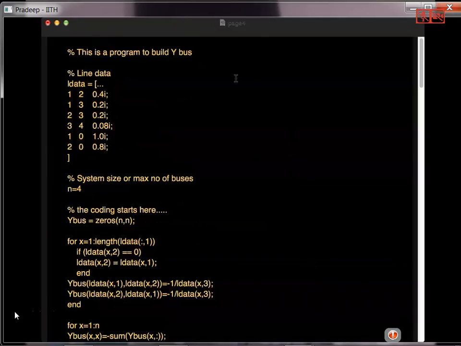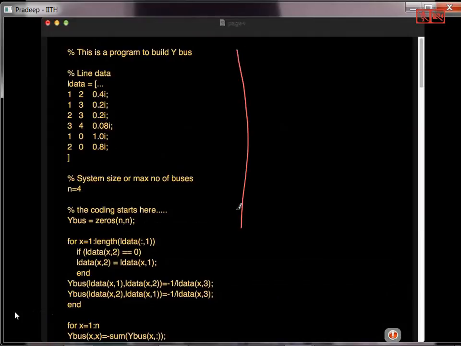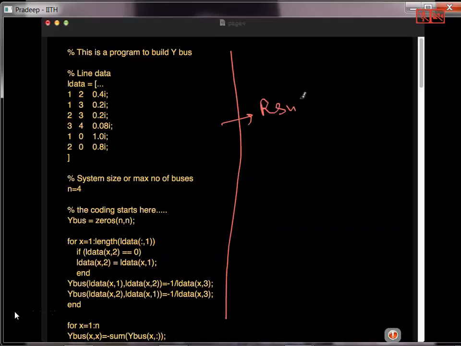I'm just writing here the code and then the result.